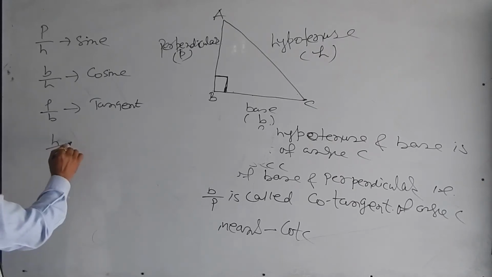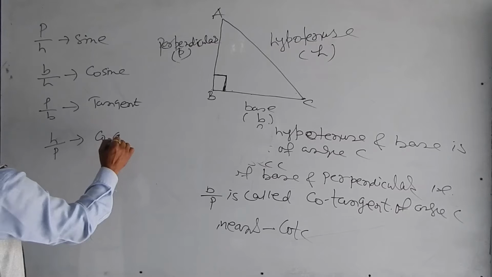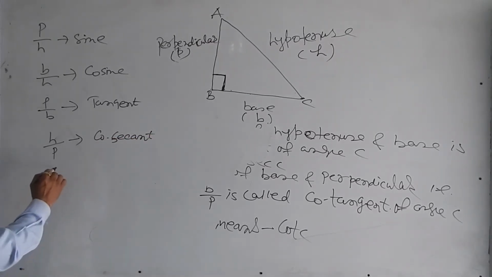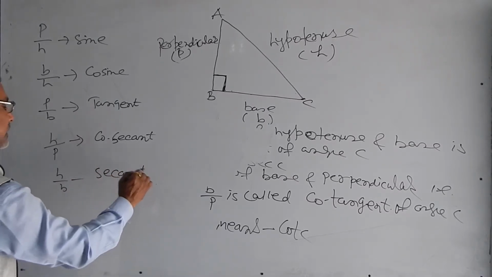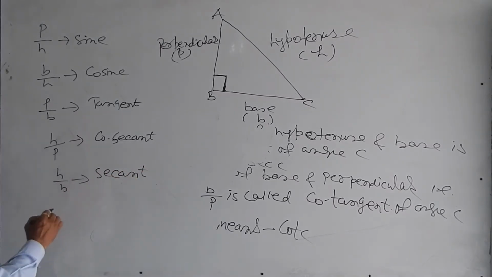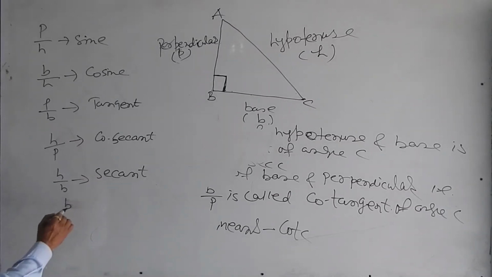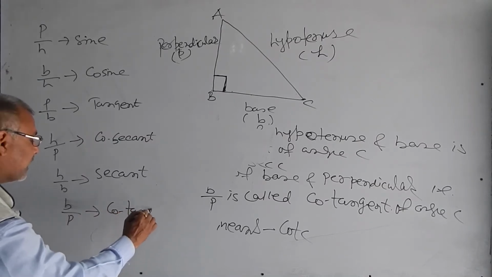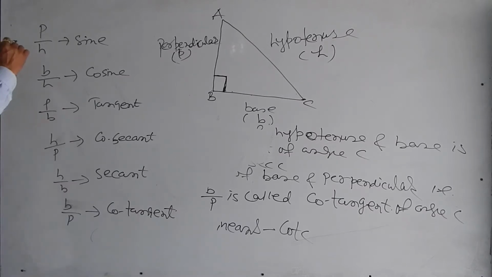H by P, cosecant. H by B, secant, and B by P, cotangent. And these are the 6 ratios we have to learn shortly.